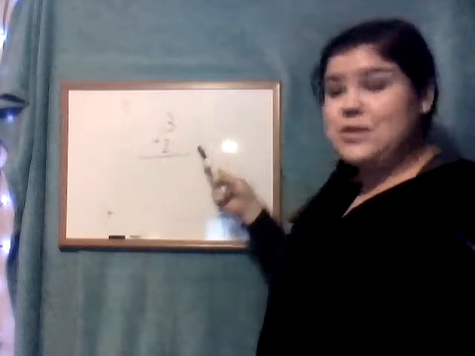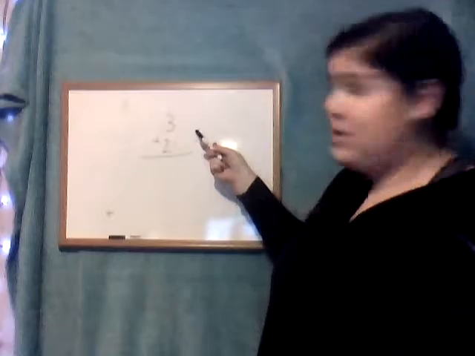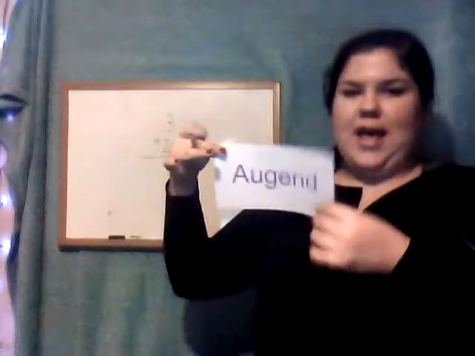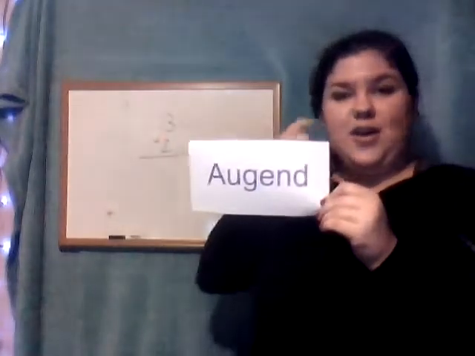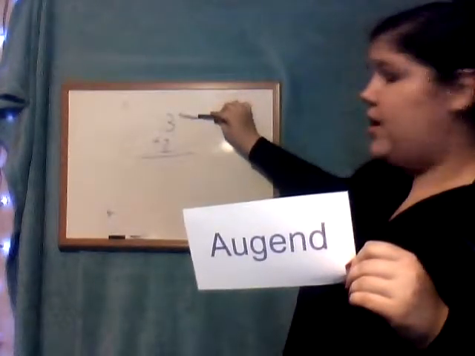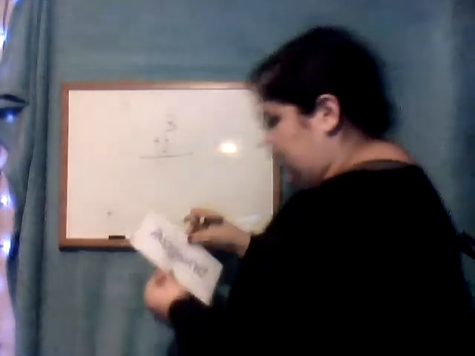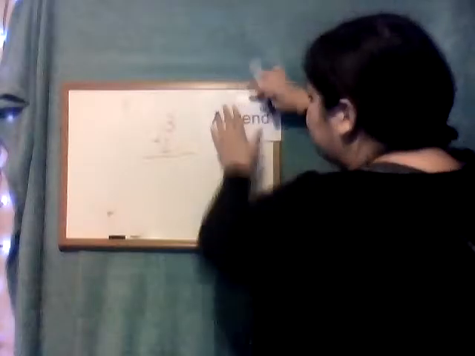Now, there's a special word for this top and bottom. This top is called the odd end. All right, the odd end is the top number of an equation written vertically. Okay, so that's an odd end. That's the top.